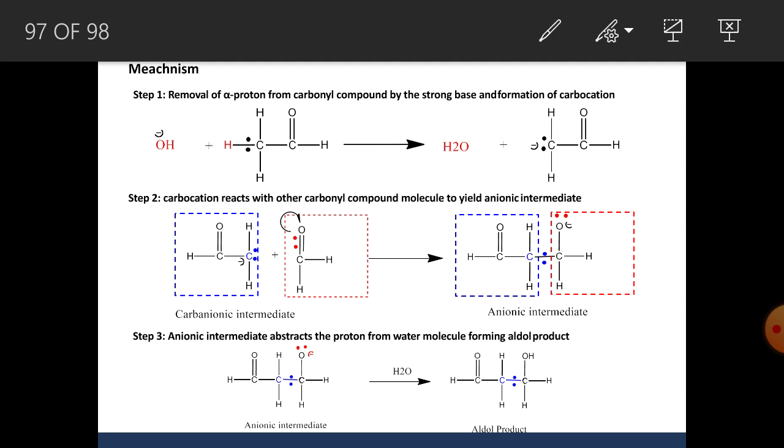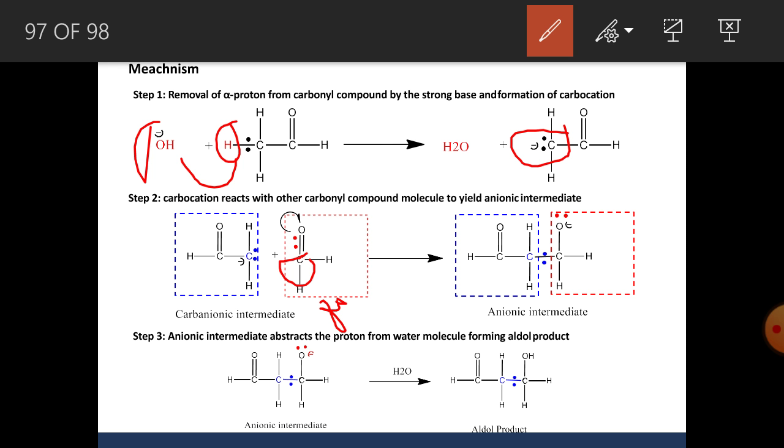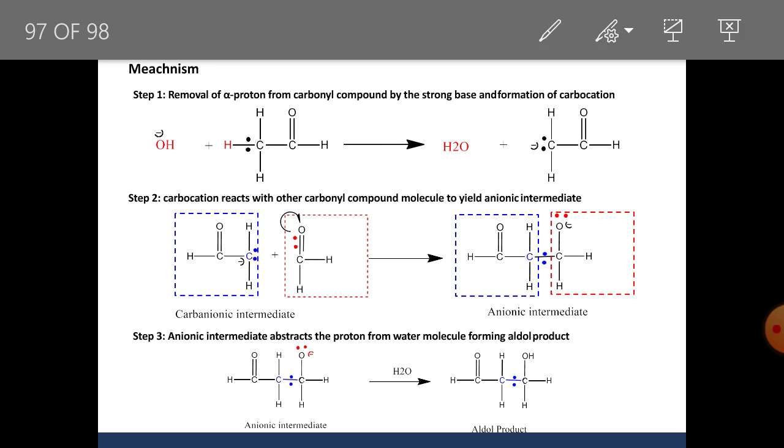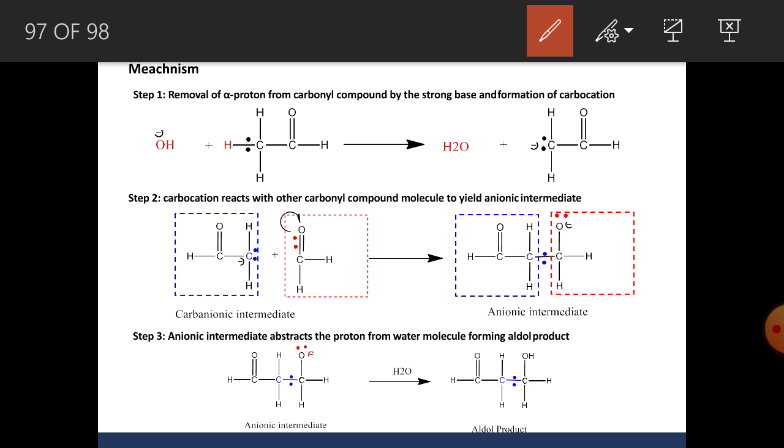In the first step, the base will abstract a proton from acetaldehyde. This carbon becomes electron rich and attacks the carbonyl carbon which is present in formaldehyde. The second molecule of aldehyde we have taken is formaldehyde. So there is formation of a bond between the carbon which is electron rich and the carbon which is electron deficient.